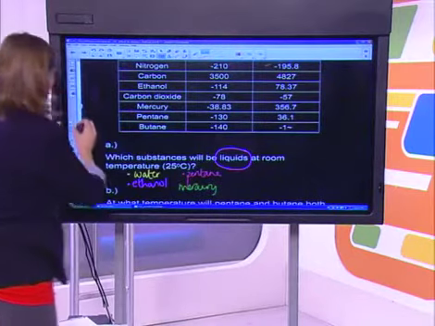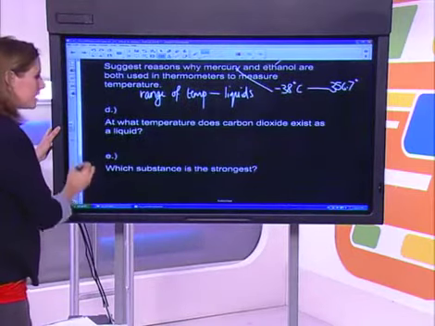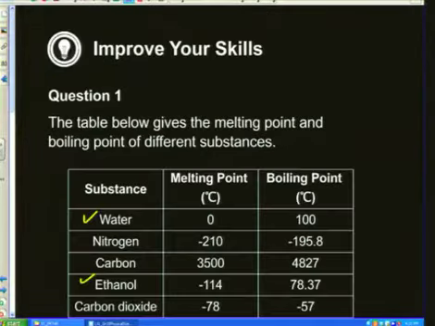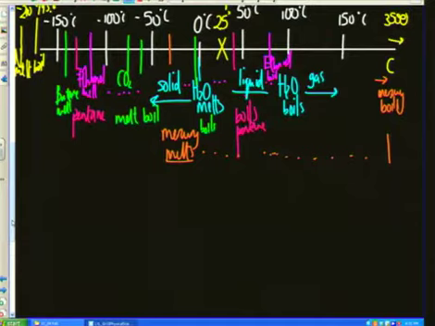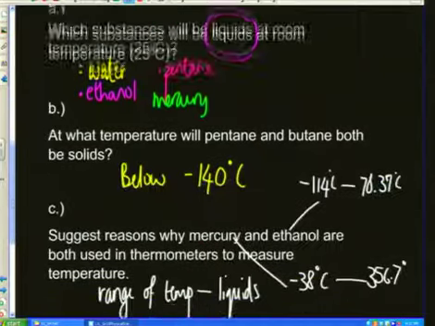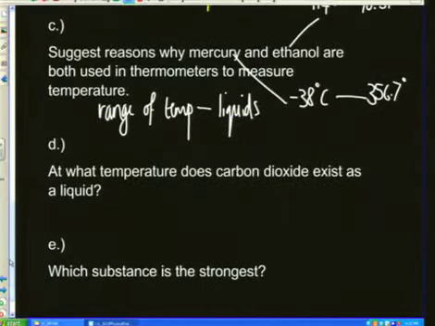Next question. At what temperature does carbon dioxide exist as a liquid? I'm going to go back to my table, and we had CO2 will melt and CO2 will boil there. So it's going to be from minus 78 degrees to minus 57 degrees. That's where it will be a liquid.